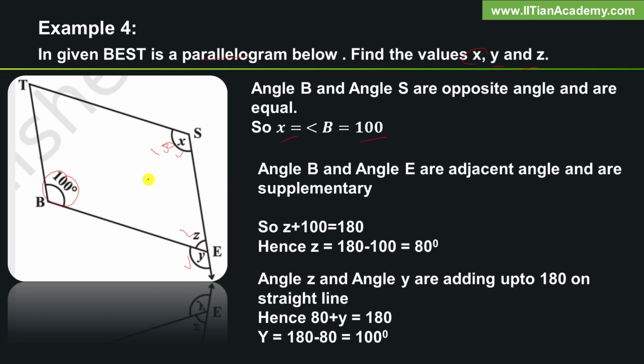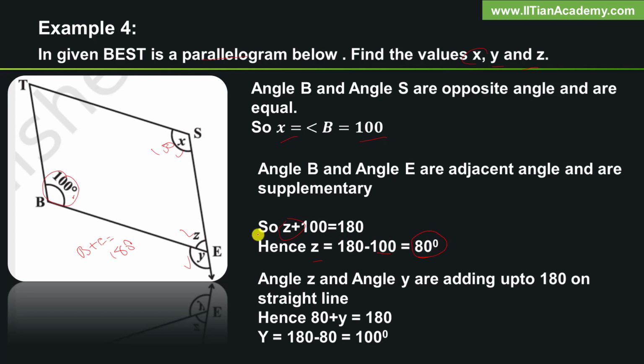Angle B and angle E are adjacent angles and are supplementary. So, z plus B equals 180. Hence, z equals 180 minus 100 equals 80.